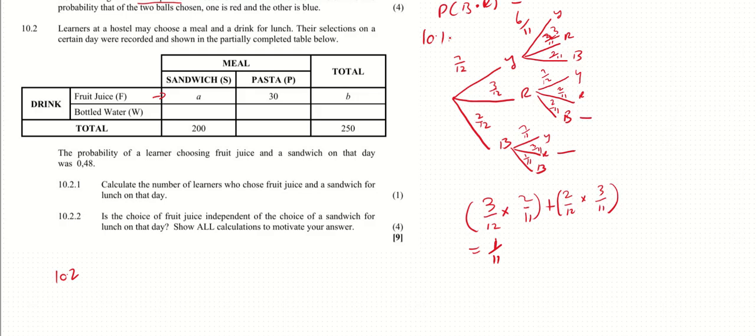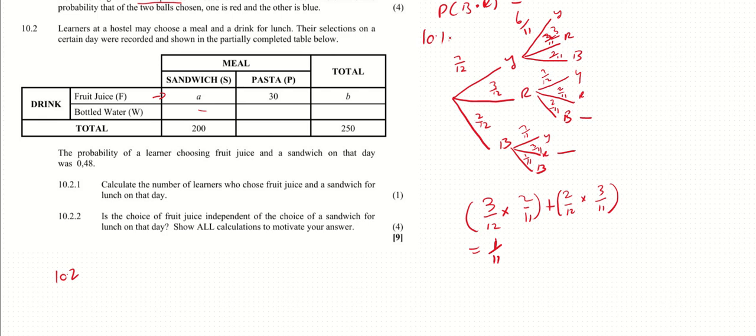When you go down, it's those who are taking a sandwich, pasta. This way we go with the bottled water. To get this is A plus 200, and 200 plus 250, so to get B we use 250 minus this value.